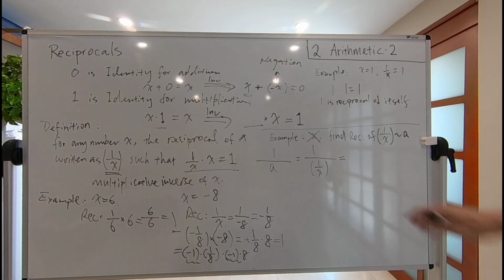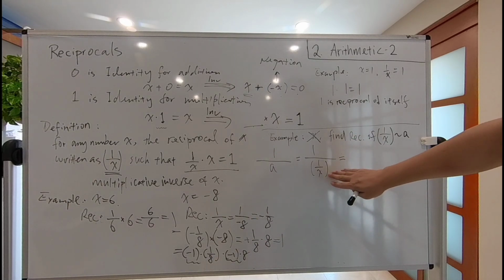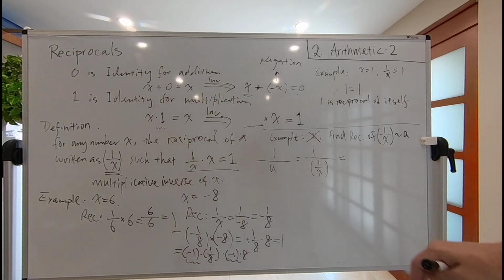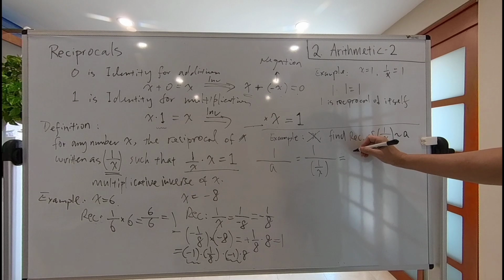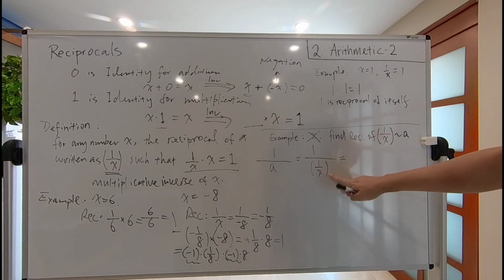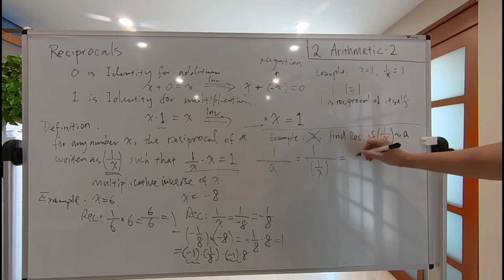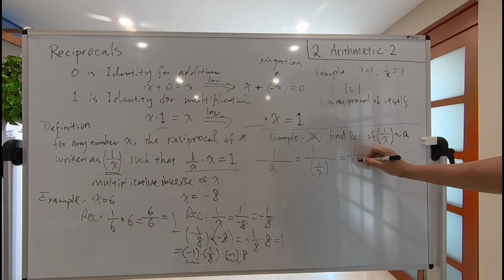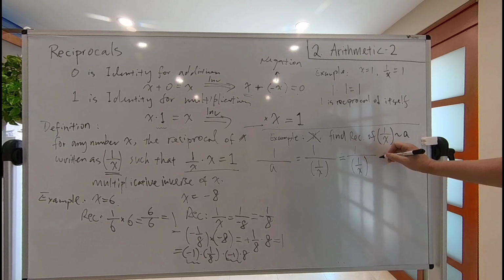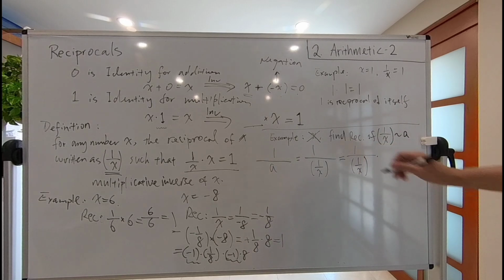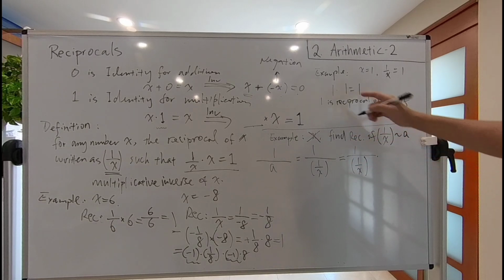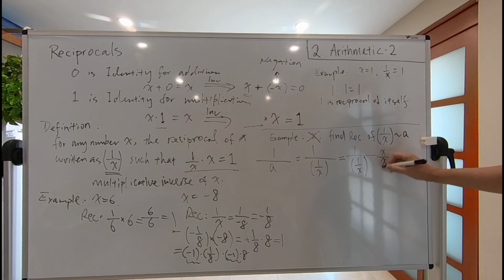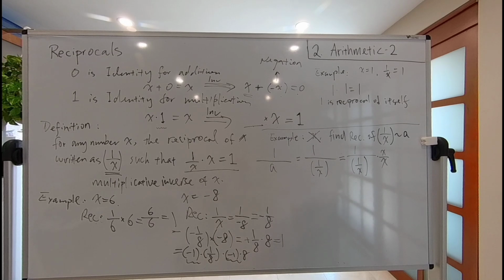Now, how to simplify? Maybe intuitively you already see that if you flip this x to the top, you will get the answer. But let's again do this step by step just for clarification. So first of all, how to cancel this out or how to simplify this. One helpful method is to first consider that, well, any number multiplied by 1 is the number itself, and any number divided by itself is also equal to 1.